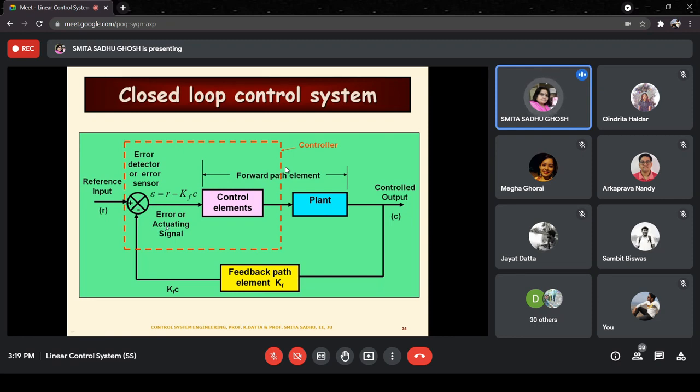Whatever, it is not exactly the error, but it is the actuating signal. Now, why is it called an actuating signal? Because ultimately, this signal is going to go to the control elements, which will generate the signal which is going to actuate the plant. Actuate the plant means it's going to bring about some change in the plant itself, such that some response is obtained. So some change in the behavior of the plant, I mean.